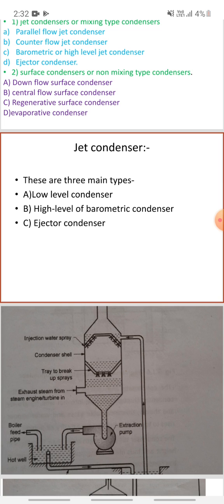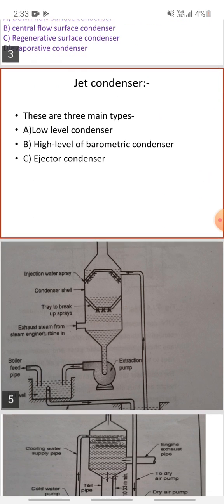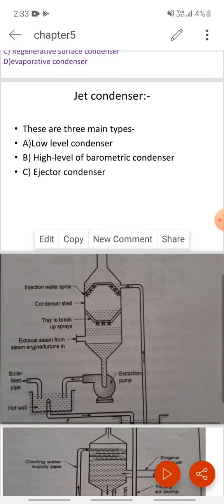There are three main types of jet condenser. First, low level condenser. Second, high level or barometric condenser. Third, ejector condenser. First we will see the low level condenser.